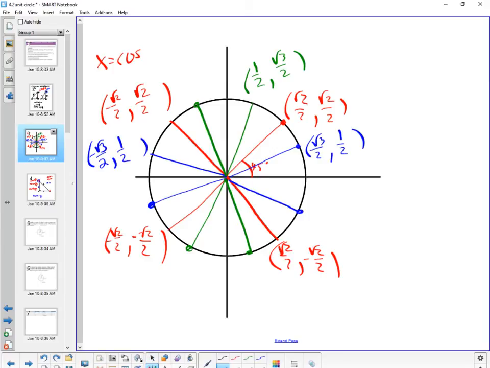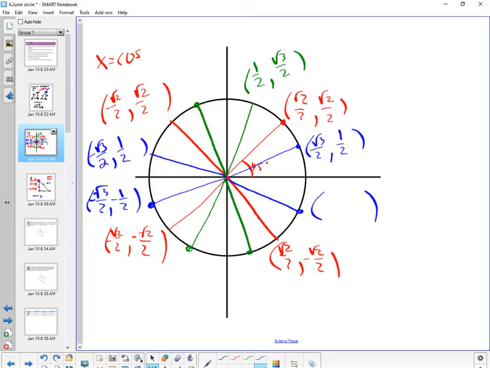Okay, wait, actually, waterfalls. Sounds like you guys have this down. I do. Evan, what goes here then? Negative square root of 3 over 2, comma, negative 1 over 2. Wait, so is it still the unit circle?